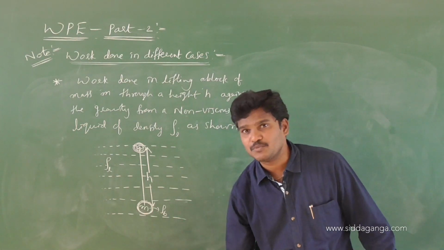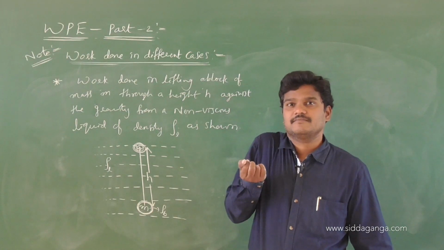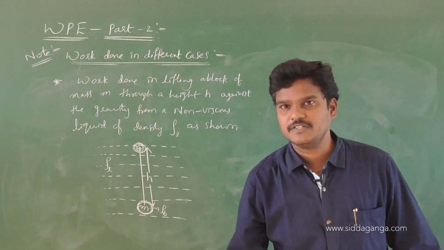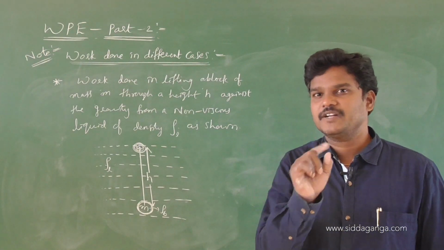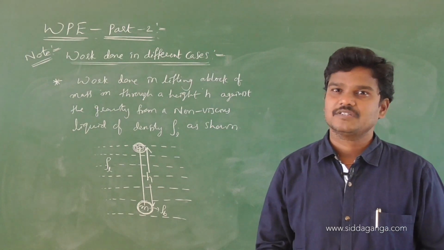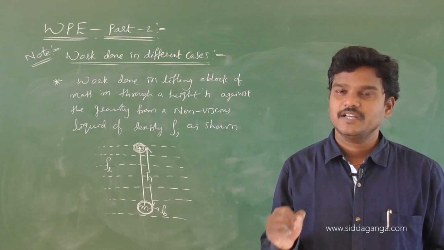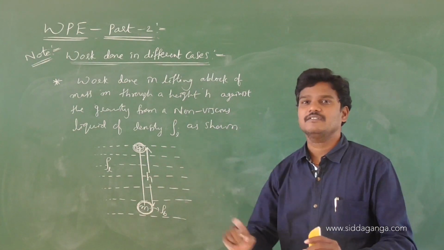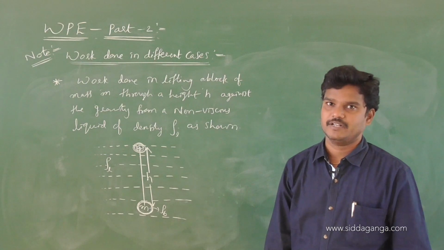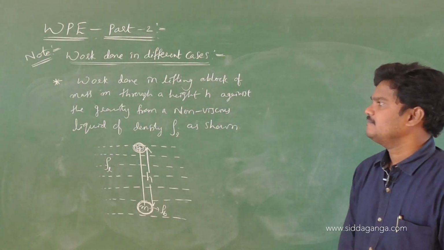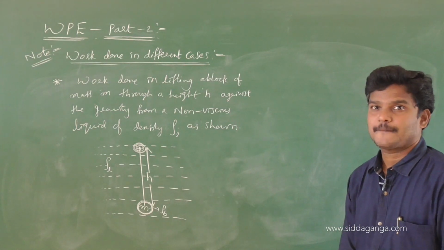Now to lift this body through a height h, definitely some work is said to be done. Our target is to find out how much work is done in lifting a body through a height h inside the non-viscous liquid. So I wrote these words.